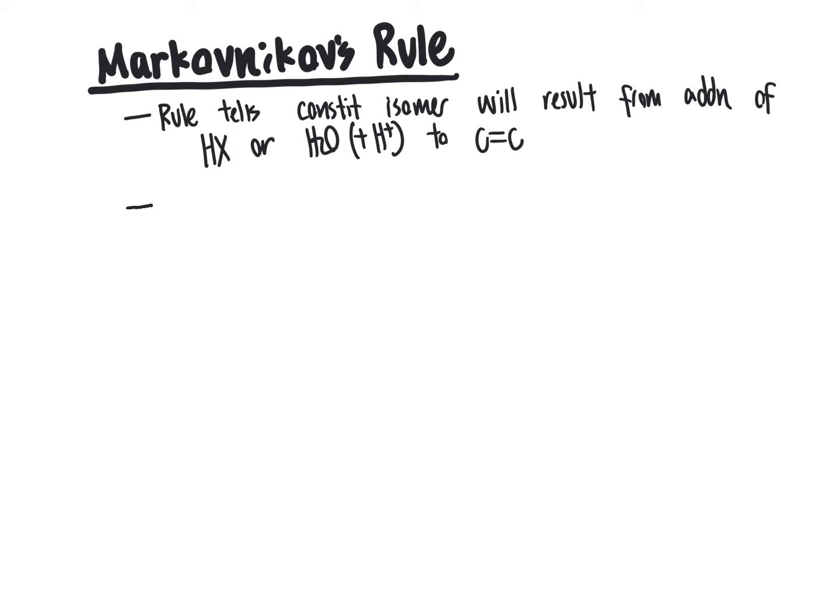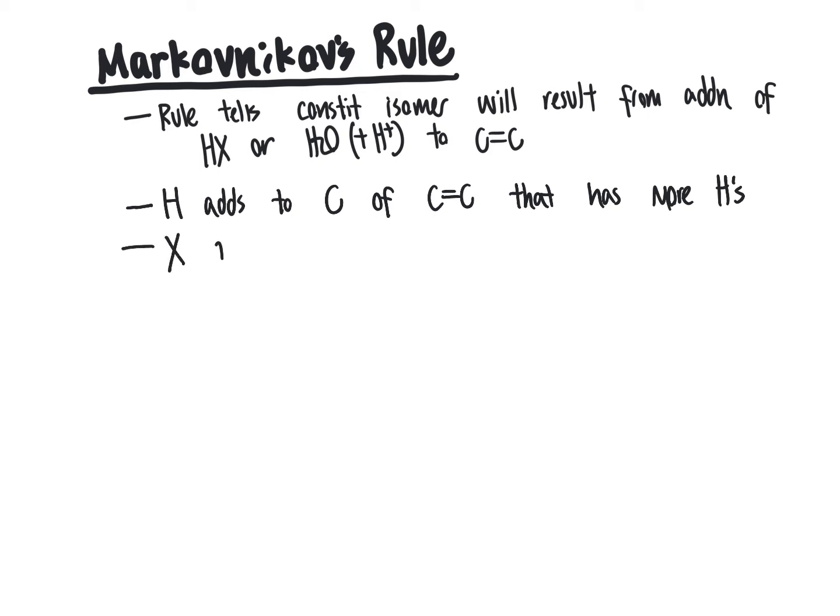So the rule is that when adding HX or water, H adds to the carbon of the alkene group that has more hydrogens directly bonded to it, whereas X for our halogen, or OH if we're doing a hydration reaction, adds to the carbon of the carbon-carbon double bond that has fewer hydrogen atoms.